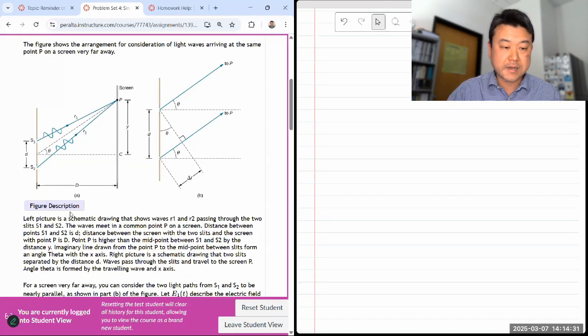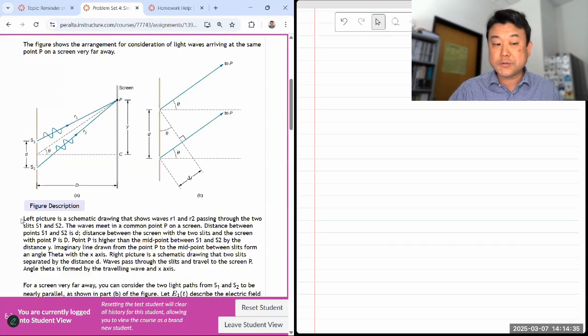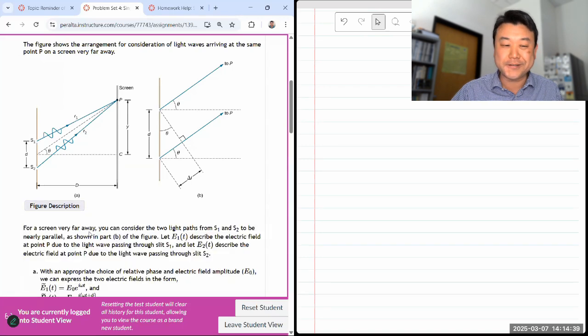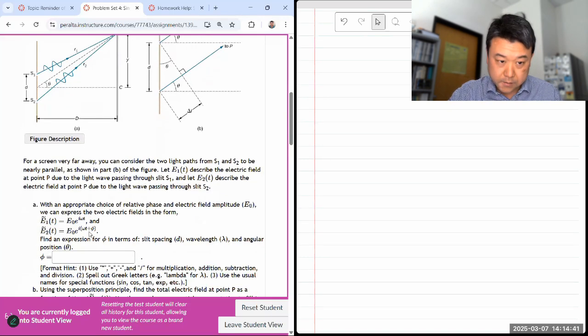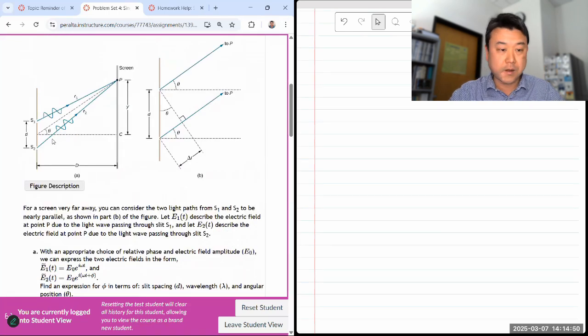This is an accessibility feature: if you can see the figure, you don't need a figure description. If you can't see the figure, then you do need a figure description. For a screen very far away, you consider the two light paths from S1, slit 1, and S2, slit 2, to be nearly parallel as shown in part B of the figure.